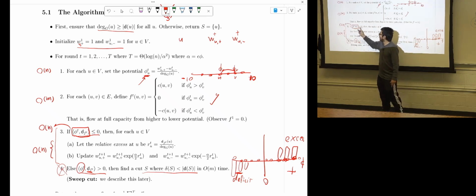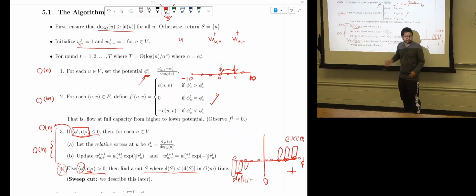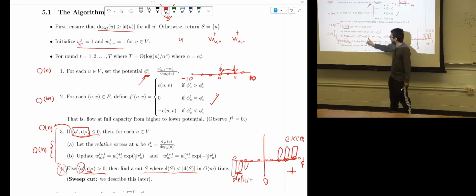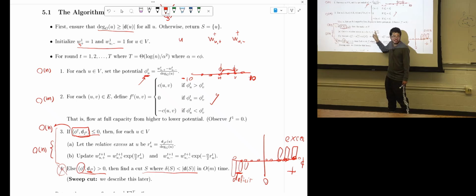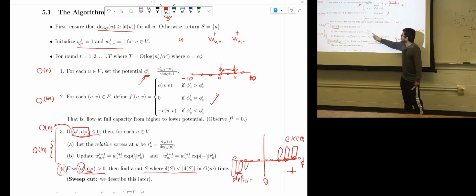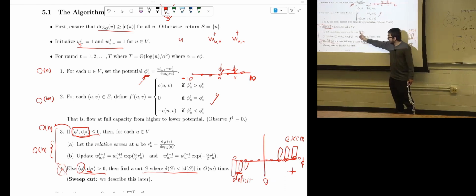If it's small, then we update the weight. How? We update the weight according to the excess. If the excess is big, the plus weight will increase. If the deficit is big, then this one will increase a lot.